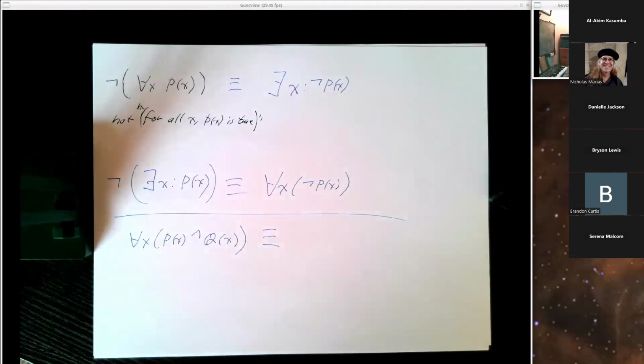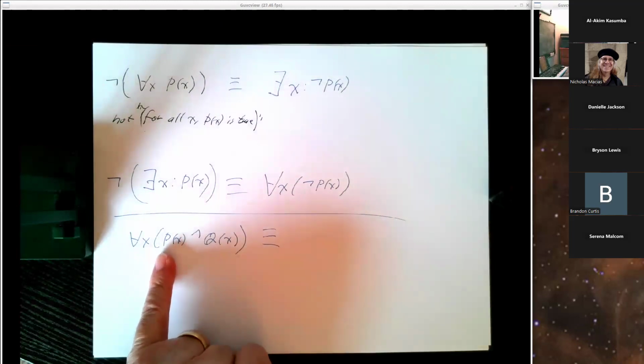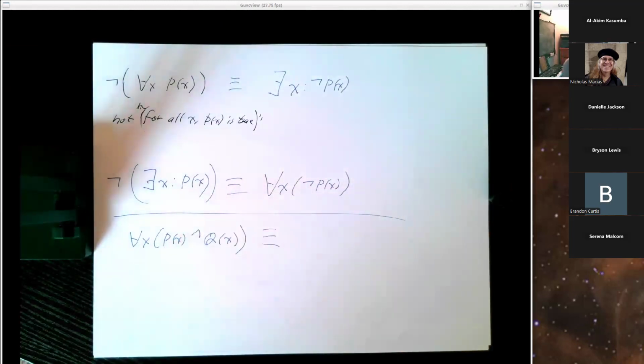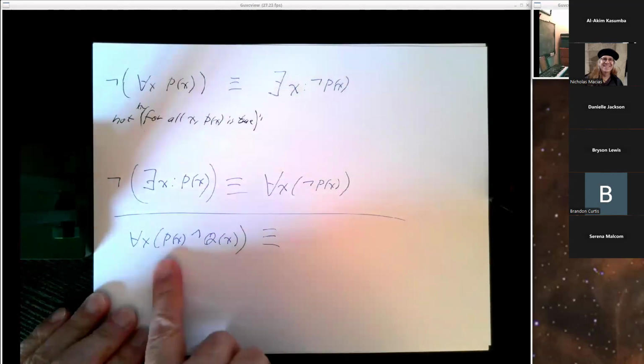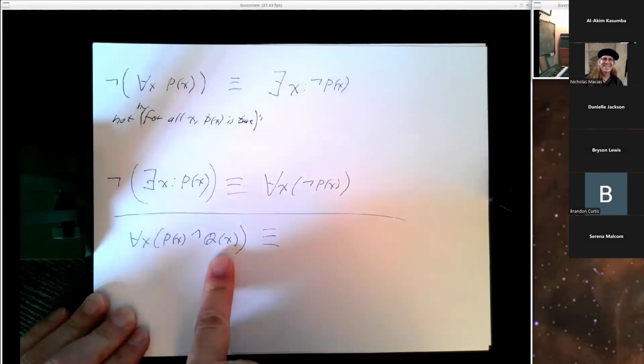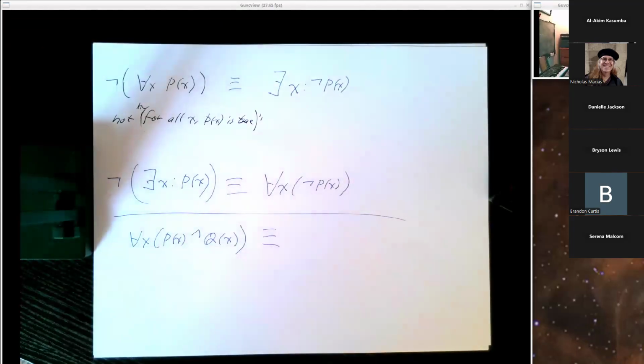Let's work over the universe of fruit. For all fruit, the color of the fruit is red and the flavor of the fruit is sweet. Suppose that's true.